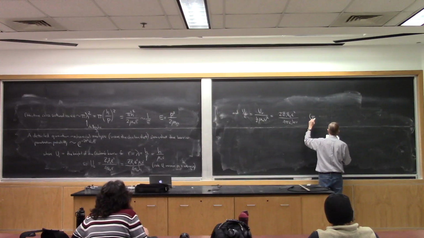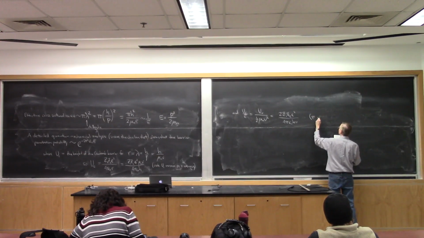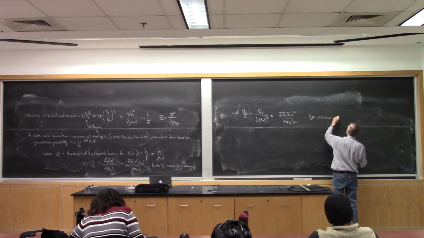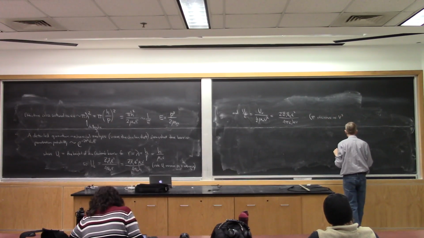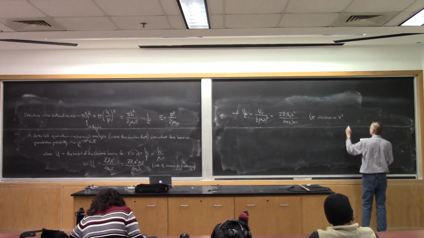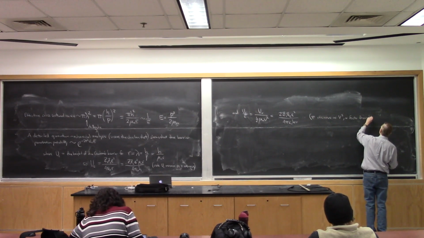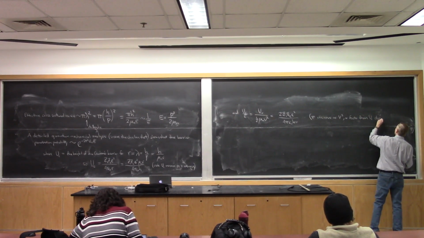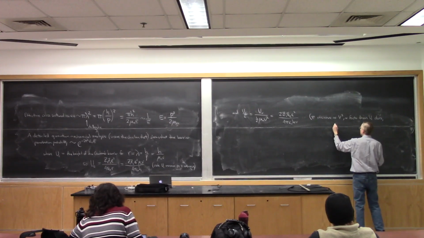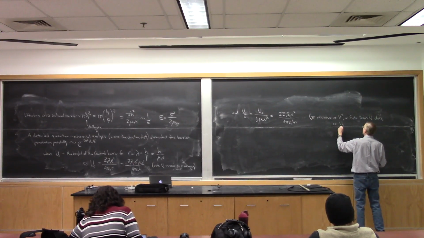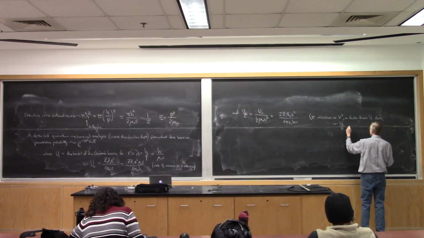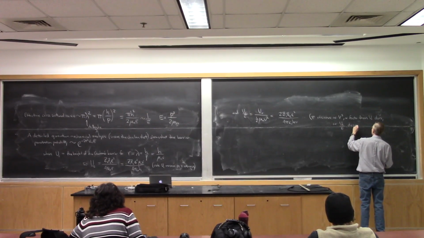This is saying that E increases as v squared, because it's one half mu v squared, or faster than U c does. So U c over E decreases as v increases.